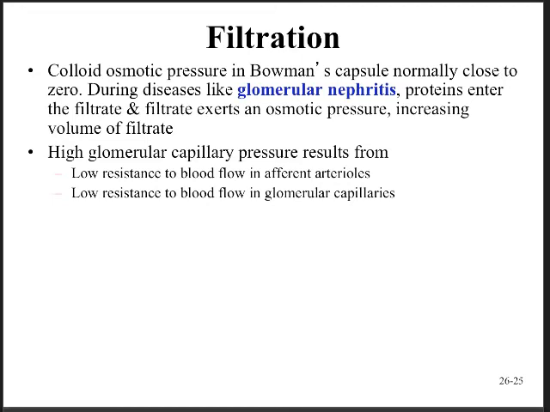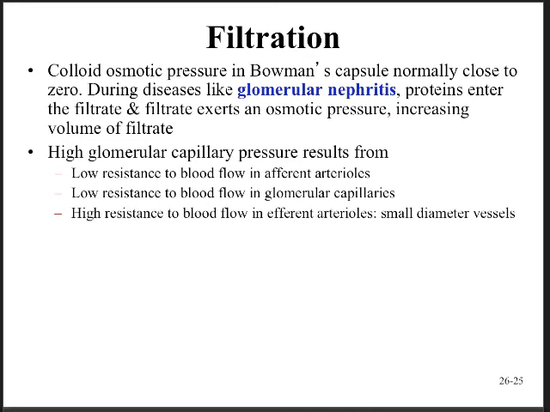The high resistance to blood flow in the efferent arterioles, due to their small diameter, is what accounts for this bottleneck effect that jacks up the hydrostatic pressure in the glomerulus in general. And remember that we can control the degree of vasoconstriction and vasodilation of the afferents and the efferents as changes in systemic pressure occur from moment to moment.